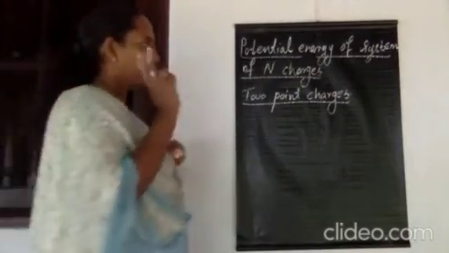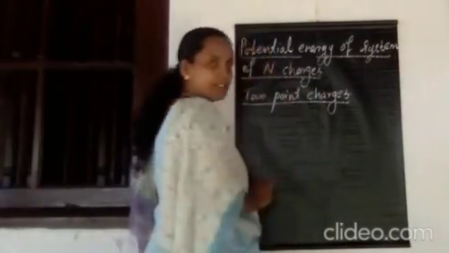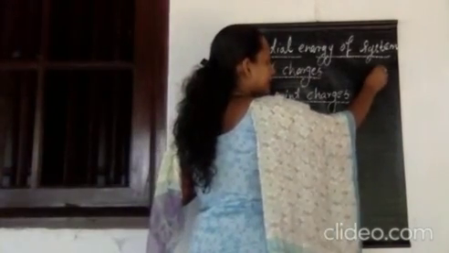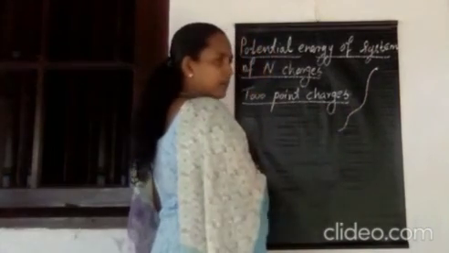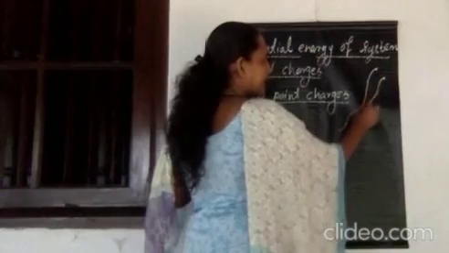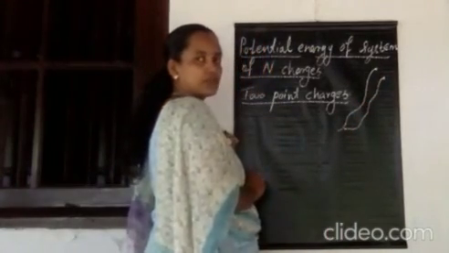So we are considering a system of 2 point charges. First we want to calculate the work done to bring the first charge from infinity to a given point. Then we calculate the work done to bring the second point charge in the presence of the first one.